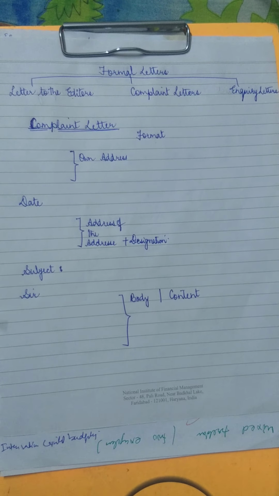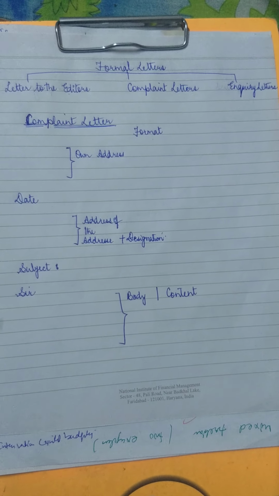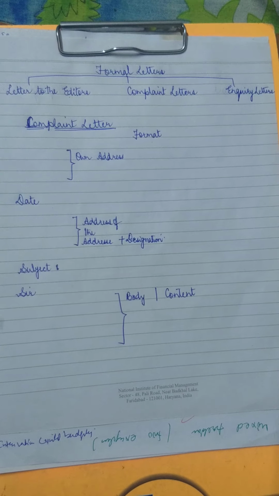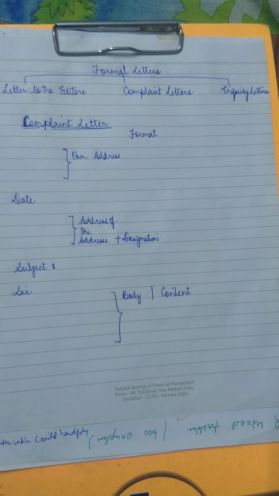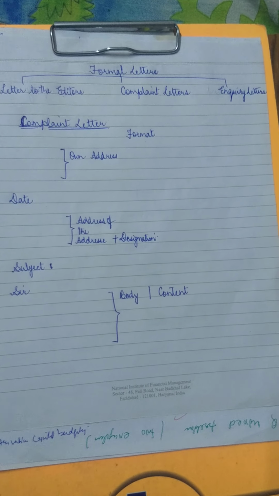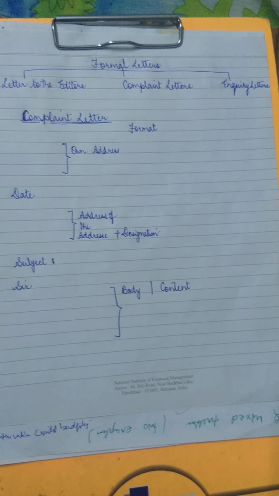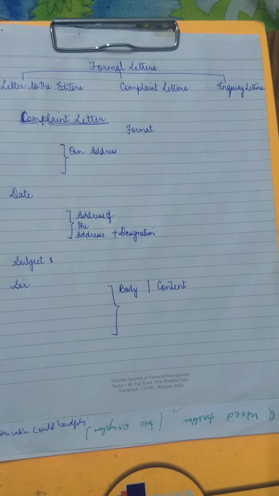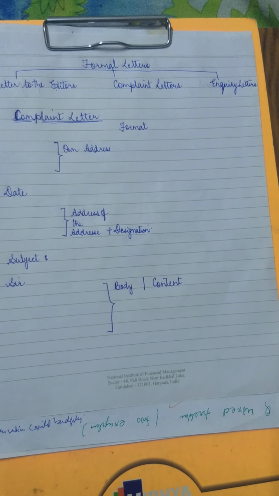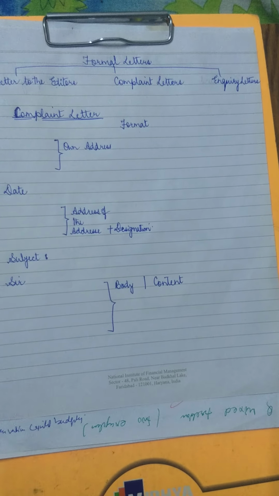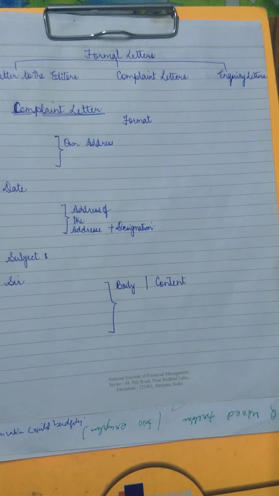While packing, there was some kind of a problem, and it has either been misplaced, the product that you wanted to buy is not the same, or there is maybe some manufacturing defect, or maybe the color is not the same, the size is not the same, or if it's a pair of shoes, maybe the same foot shoe has come to you, the right foot shoe has come, both of them, and the left foot is missing. So these are the various kinds of problems that you will face, because of which you tend to write down the complaint letter.